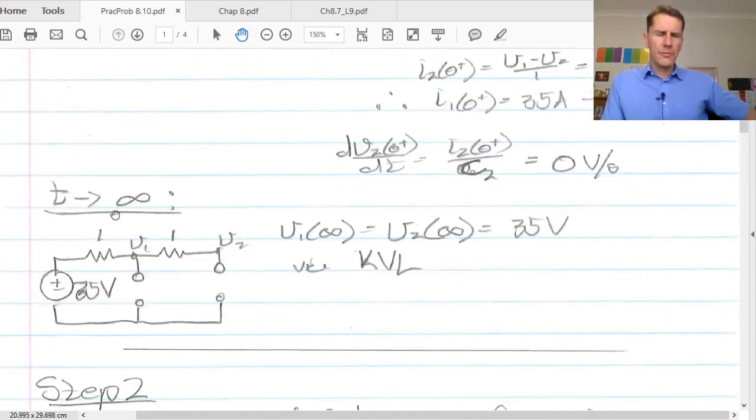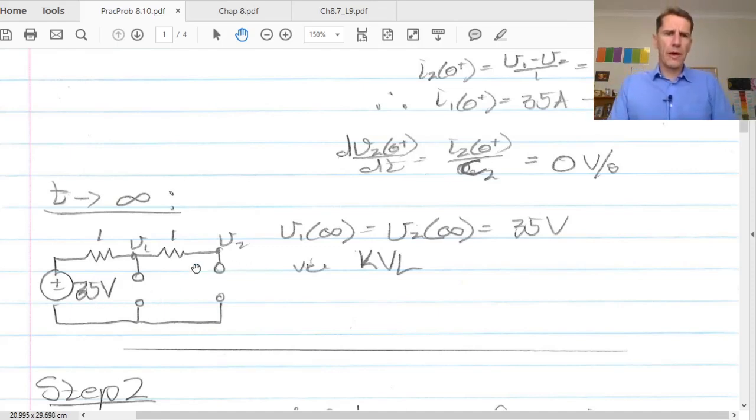Okay, so at time infinity, what are the voltages going to be after a very long time? This we've covered a lot in previous examples, so I'm not going to go through the detail, but both of them have to charge up to 35 volts. At the end of the examples, I'll show you a water dam version of the same problem, an analogy.